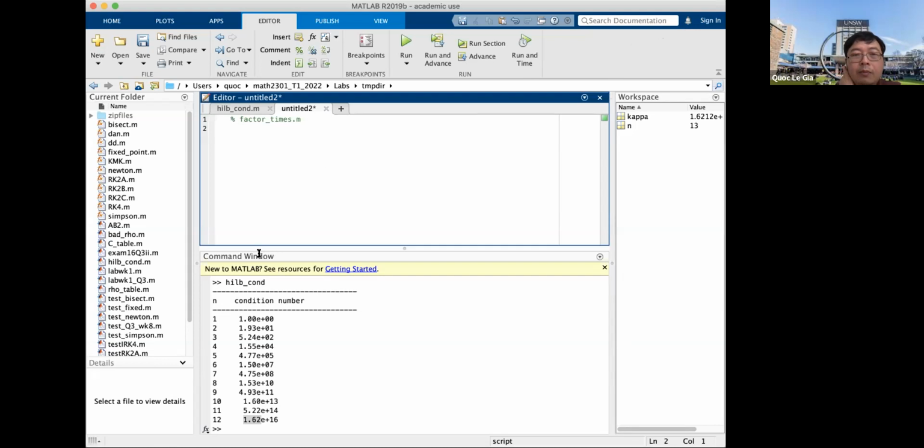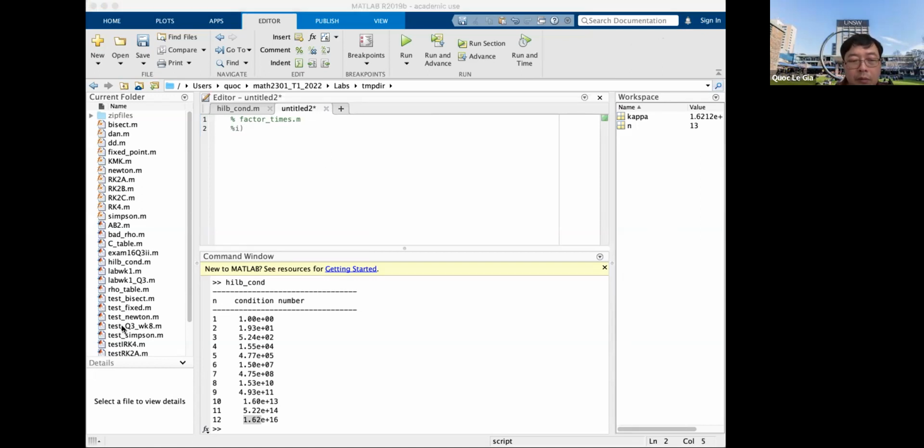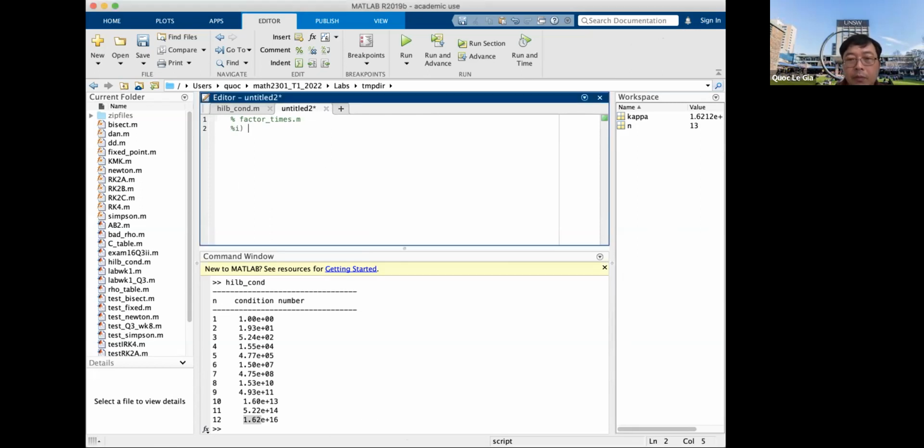How do you prompt the user for the positive integer? Input, yes.